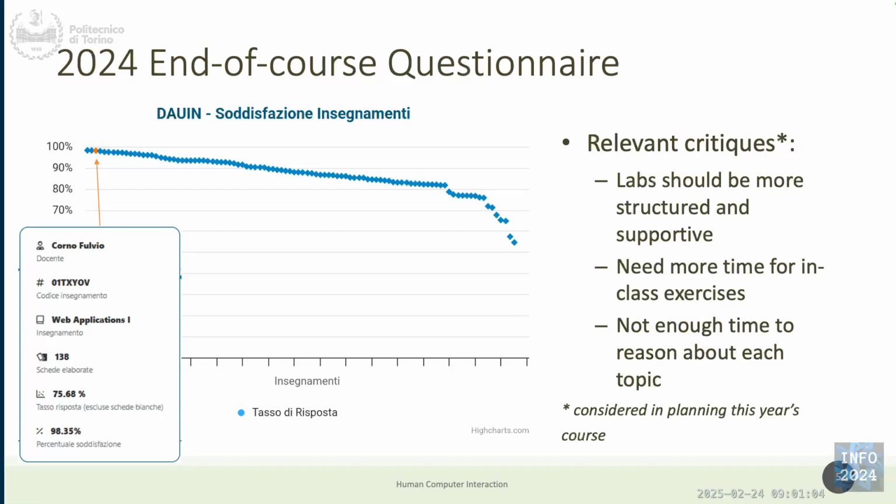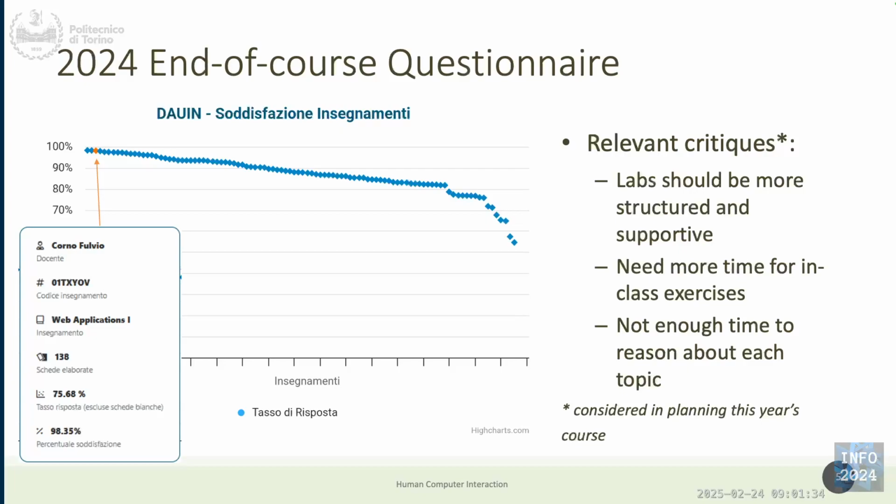So we distilled the main comments, which are very precious to us, into some issues about how the labs were developed in the course. Okay, the labs, the programming labs, as in any computer engineering course, are the strongest part of the course, of course: learning to develop, to design, to implement.